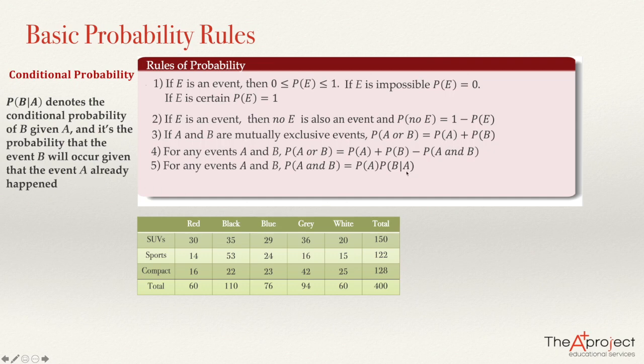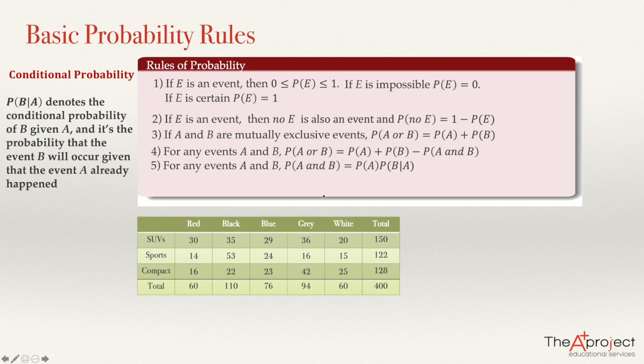So if there are two events and one of them already happened, then the probability of B may be changed. And this probability of B given that A happened is called the conditional probability.